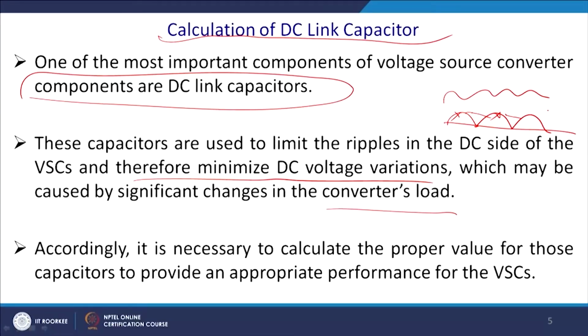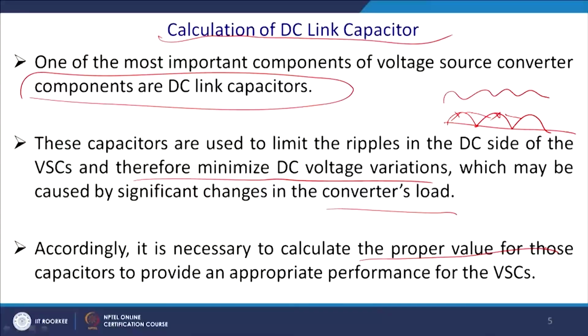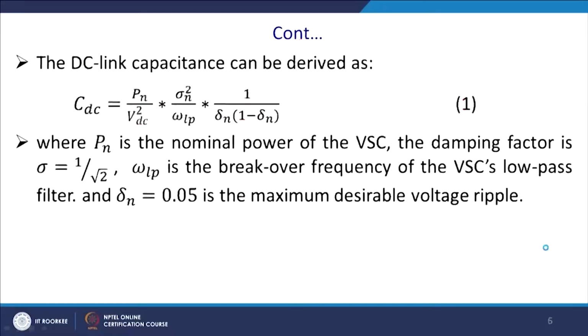Accordingly, it is necessary to calculate the proper value. So, we come to the necessity of the capacitor. Another issue is how you can calculate what its value should actually be, the proper value of this capacitor, so that it can operate as you desire.